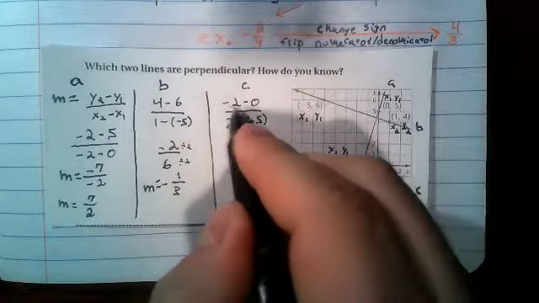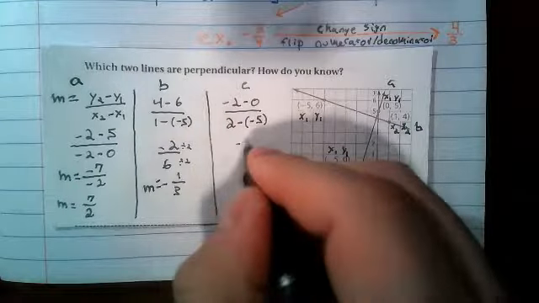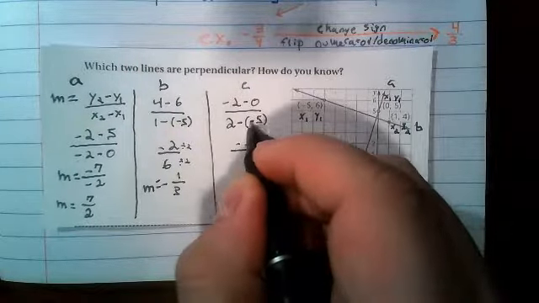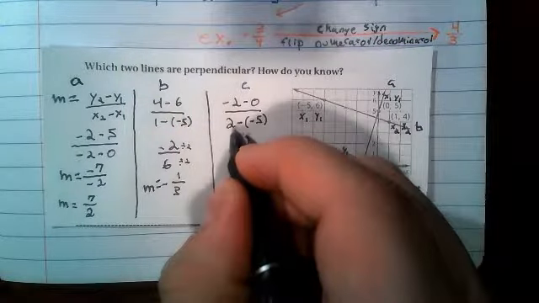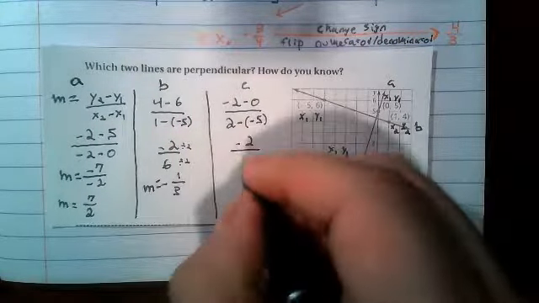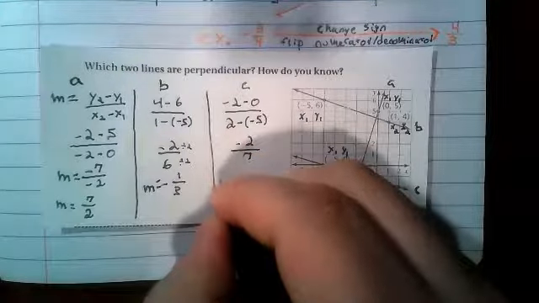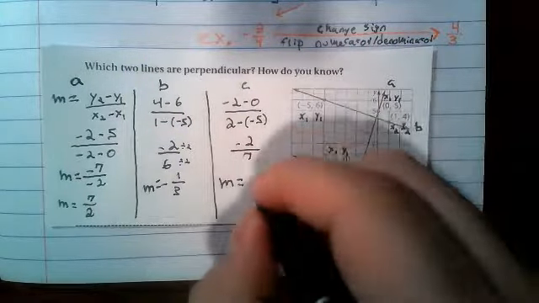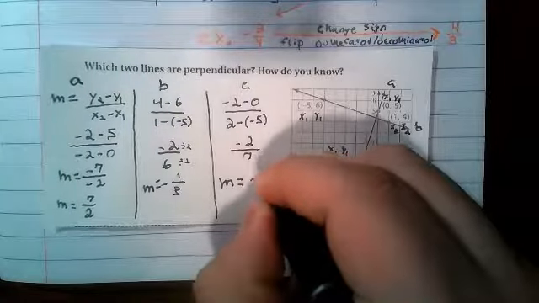Simplifying, negative 2 minus 0 is negative 2 over 2 minus negative 5. That's really 2 plus 5, which is 7. So the slope for line C is going to be negative 2/7.